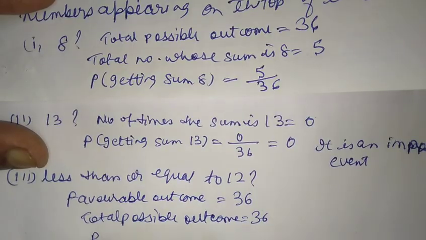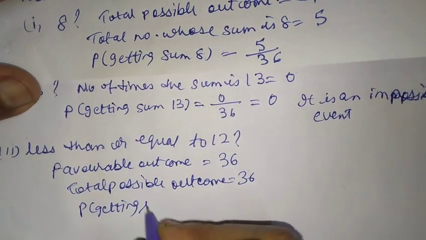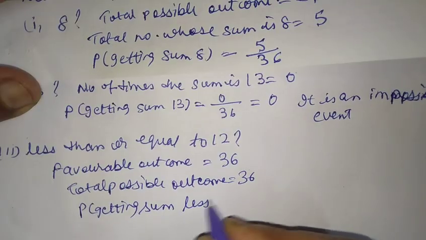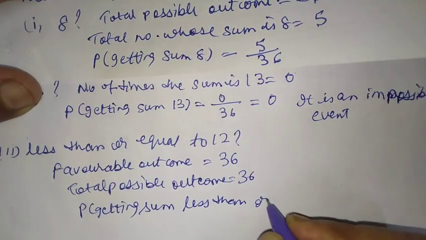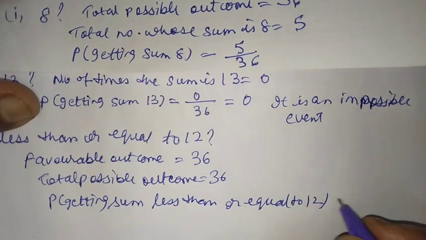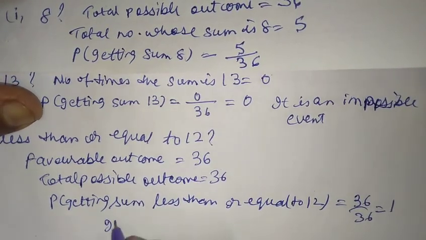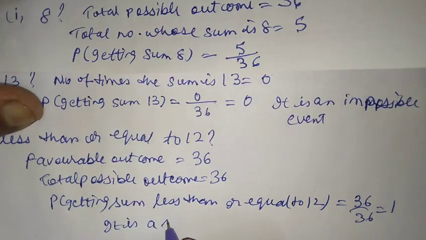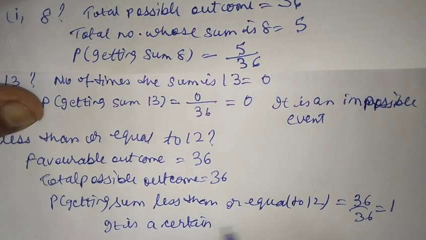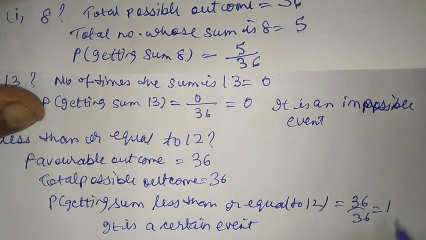So the probability of getting a sum less than or equal to 12 will be equal to 36 by 36, that is 1. So it is a certain event. So the probability of getting the sum less than or equal to 12 is 1 here.